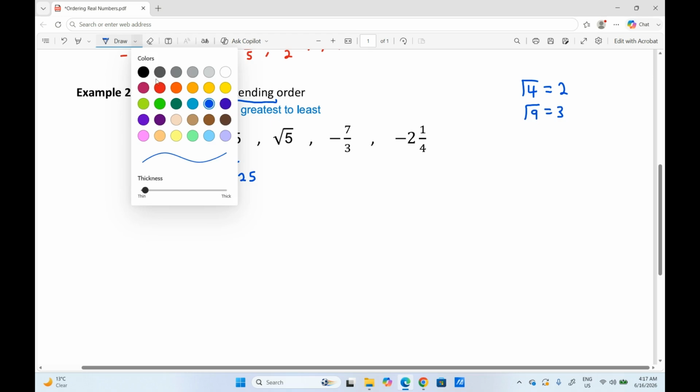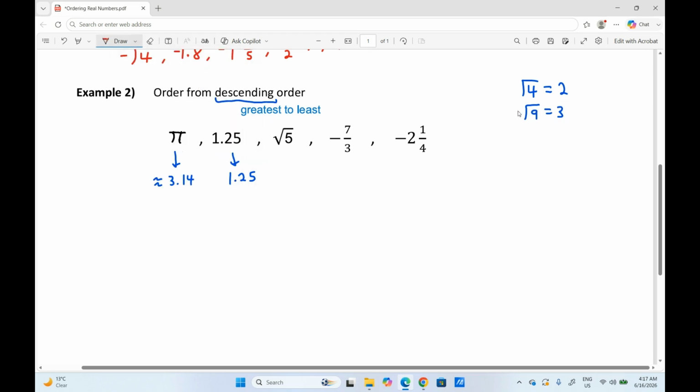So in theory, we don't know what the square root of 5 is, but it is between the square root of 4 and the square root of 9. Hence the square root of 5 must be between 2 and 3, right? So it's going to be 2 point something.